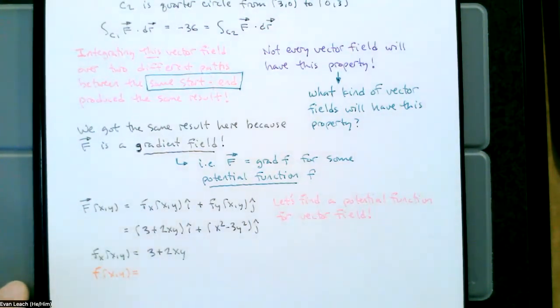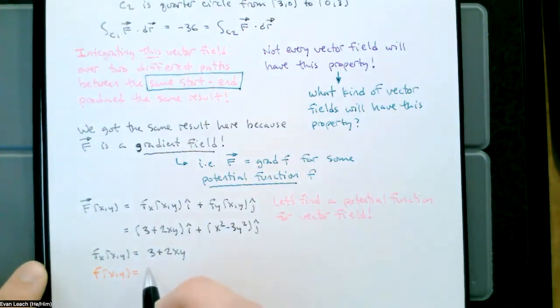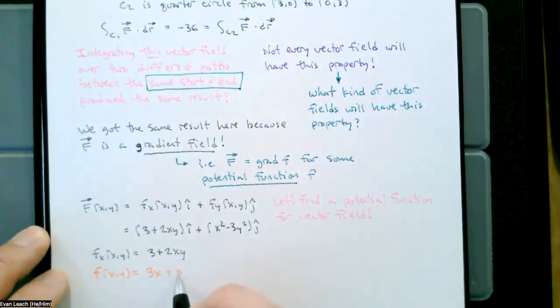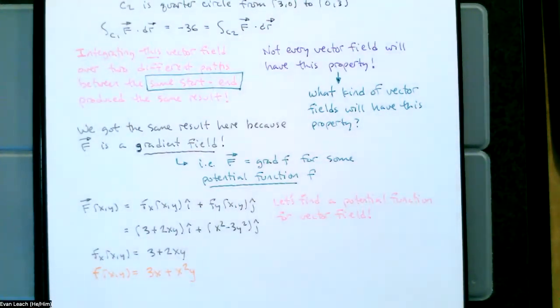So the integral of 3 with respect to x is 3x. The integral of 2xy with respect to x is x squared y. But there's a third thing. Normally when we integrate, we write plus c, but remember, this is a partial derivative that we took with respect to x.